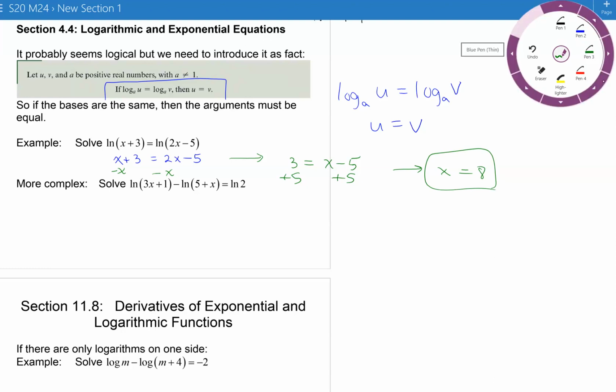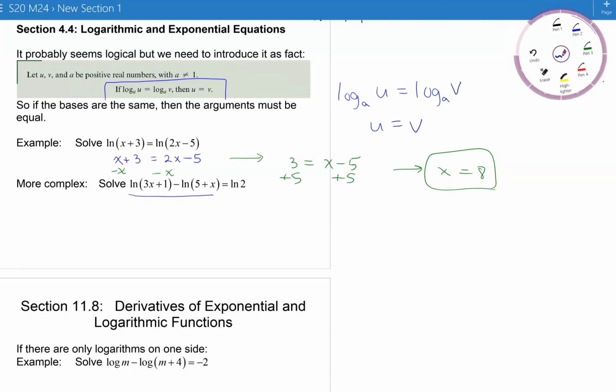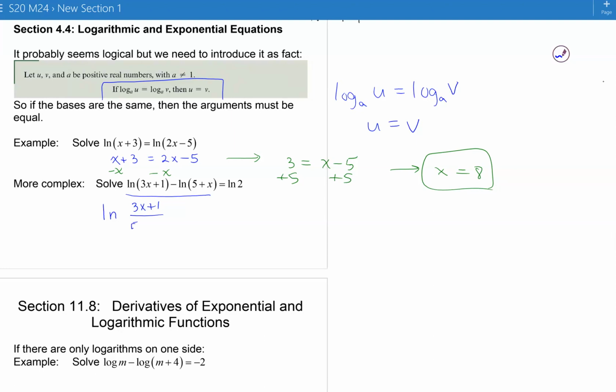So the next one, you have to do a little work first because you need a single logarithm on the left-hand side before you can say log of this equals the log of that. So you're going to rewrite this with that quotient property of logarithms as 3x plus 1 over 5 plus x.